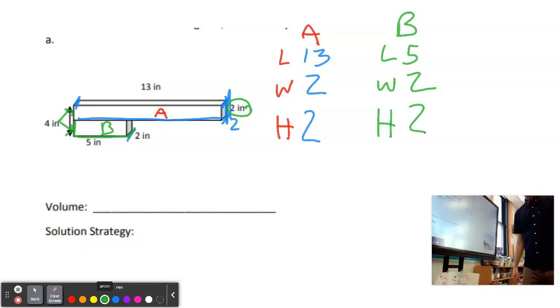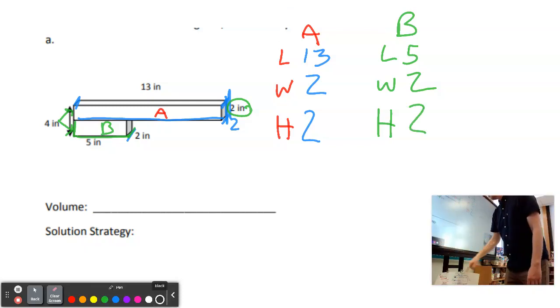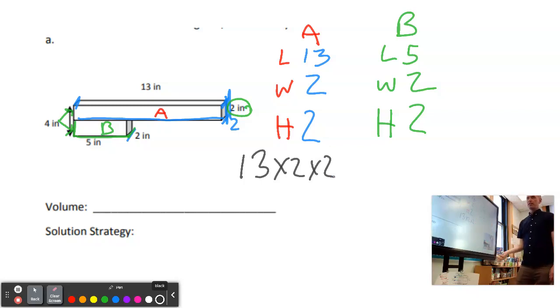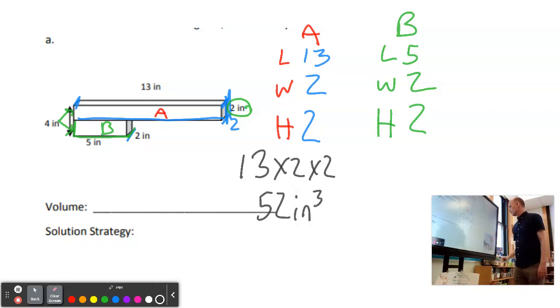Okay, now, next thing we're going to do is we're going to just find the volume. So under A, we're going to do 13 times 2 times 2. We get 26, and then 26 times 2, we get 52 inches cubed.